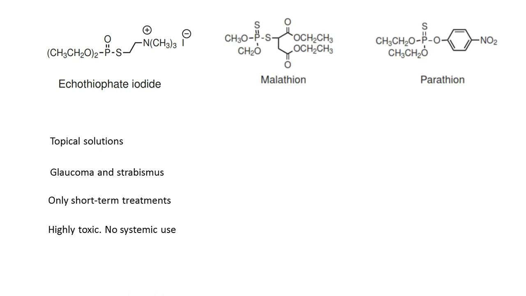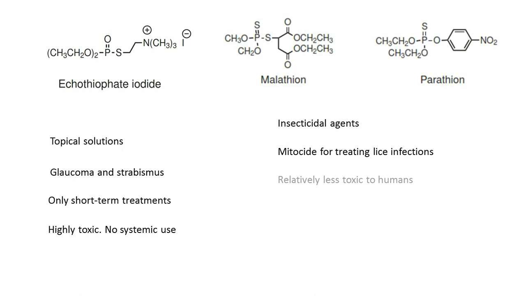Malathion and parathion are actually insecticidal agents, miticides for treating lice infections. It's a very powerful agent. Within 3 minutes it can kill lice. Relatively less toxic to humans, and transmembrane permeability is very low for these agents.